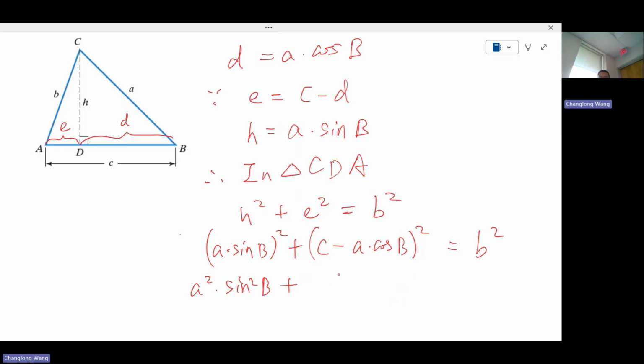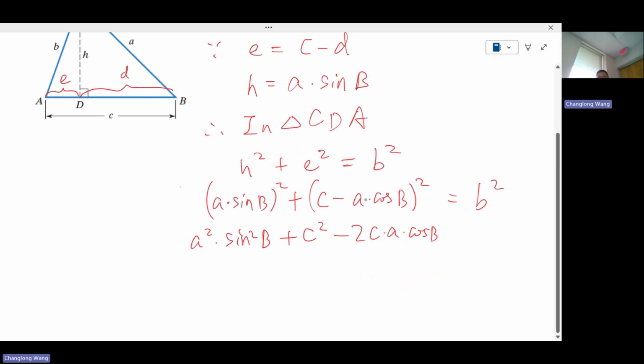The perfect square trinomial, right? It will be the first term, c squared, right? The middle term will be negative, this guy times that guy with a factor of 2, c times a times cosine b. The last term will be this whole thing squared, right? Let's write it as a squared cosine squared b.